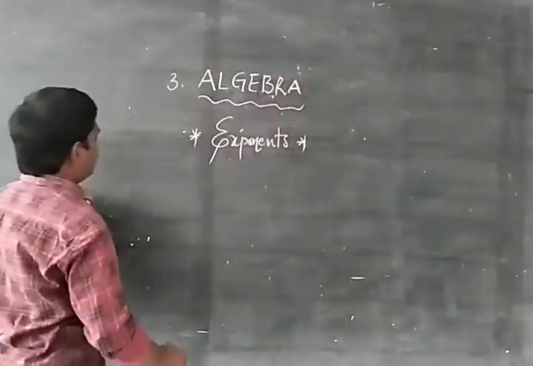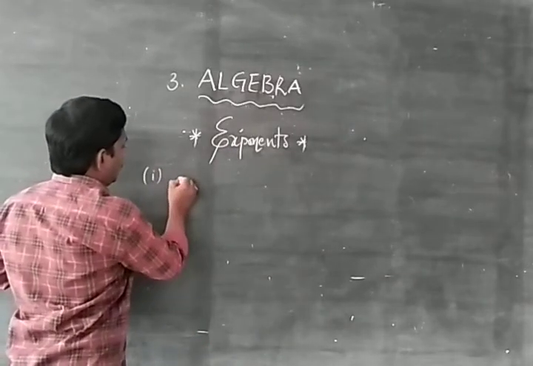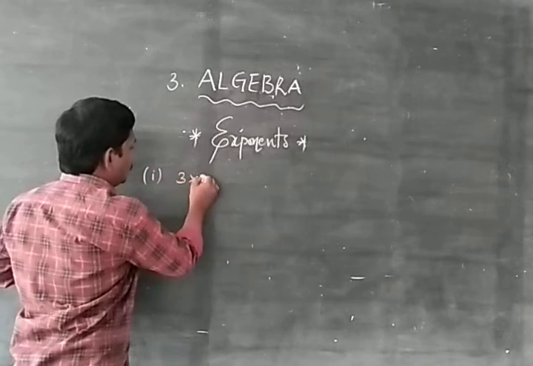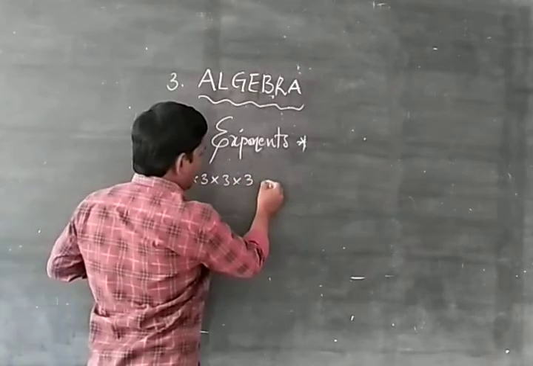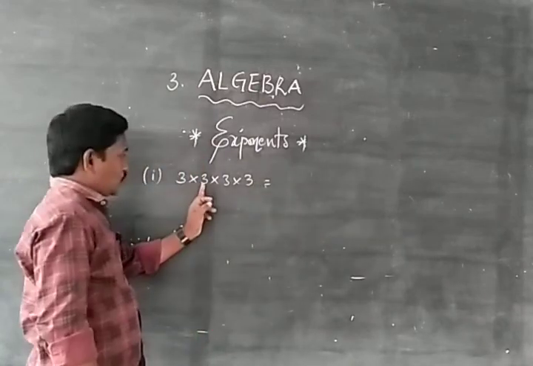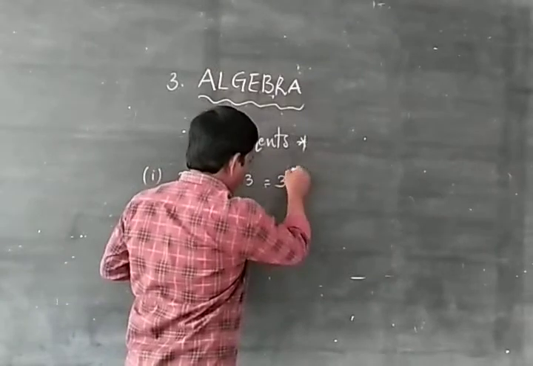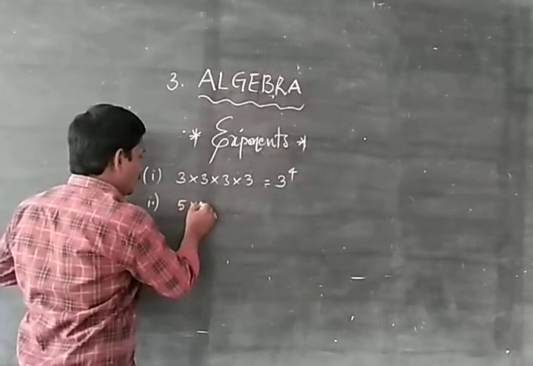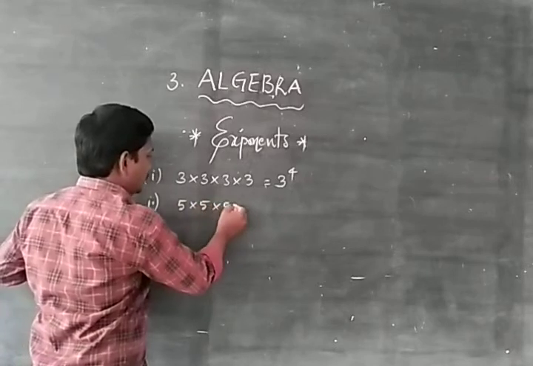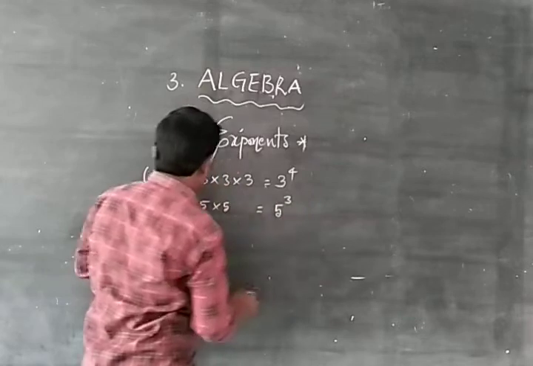For example, 3 into 3 into 3 into 3 is written as 3 power 4. And 5 into 5 into 5 is 5 power 3.